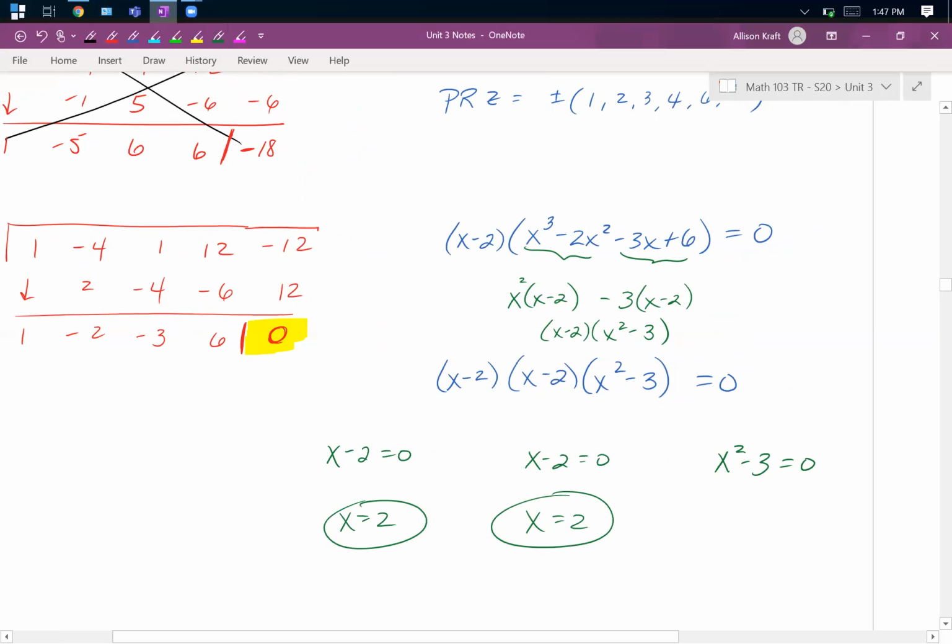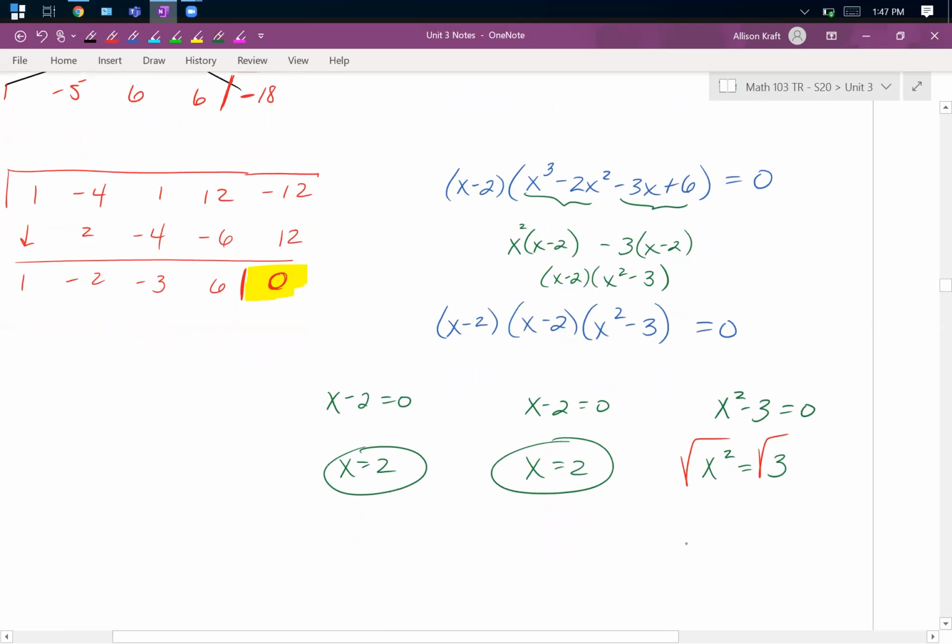Something squared and a constant? Square root property is always the easiest way to go. So I'm going to isolate what's being squared, and then take the square root of both sides. We get x to be equal to plus or minus the square root of 3.